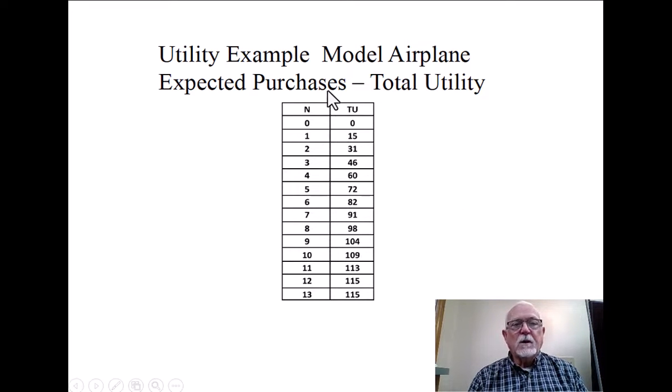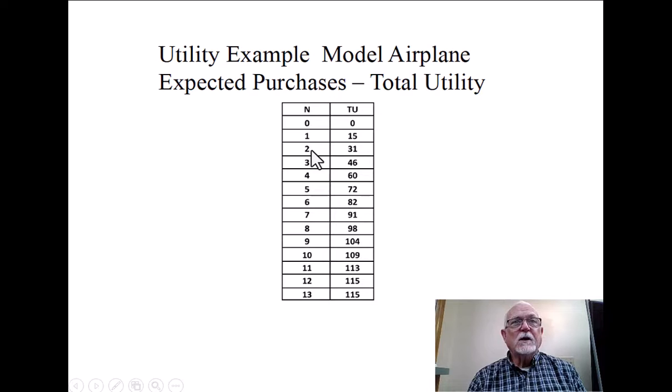So in this hypothetical example, N means the number of model airplanes you're expecting to purchase. And then these are just mythical units. I made these up, but these are to illustrate a concept. Obviously, if you don't buy any, you get no satisfaction out of that because you hadn't purchased any. If you buy one, that gives you 15 utils of total utility.